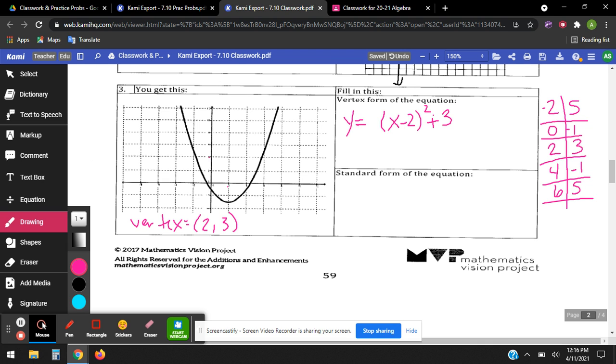Okay, so let's do here. 4 minus 2 is 2. 2 squared is 4. 4 plus 3 is not 1. So I definitely have to make my numbers smaller, right? I need a -1.